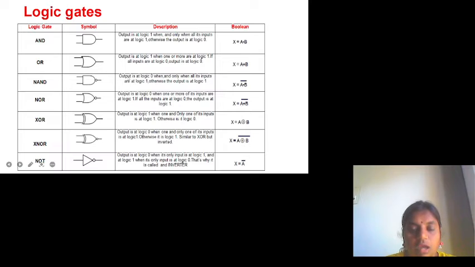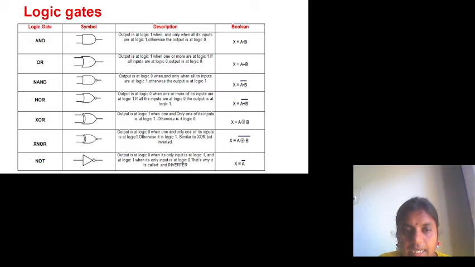Here the output is at logic 0 when and only when all the inputs are at logic 1. Otherwise, the output is at logic 1. So the output will be at logic 0 when and only when all the inputs are at logic high, or logic 1. Else, the output will be at logic 1 only.